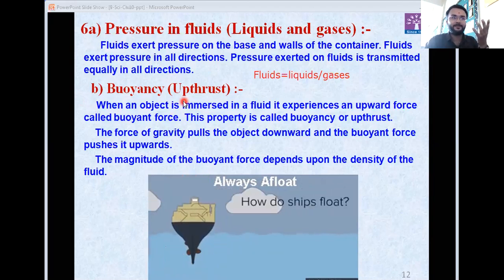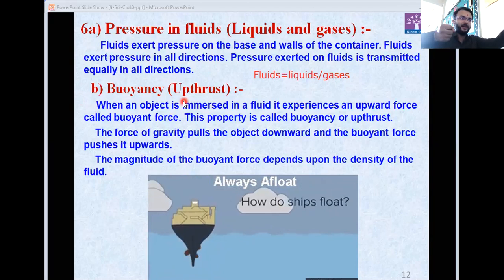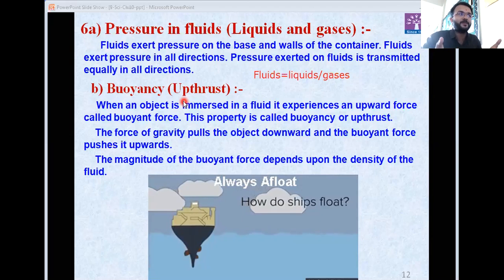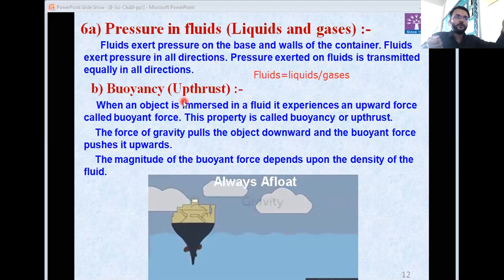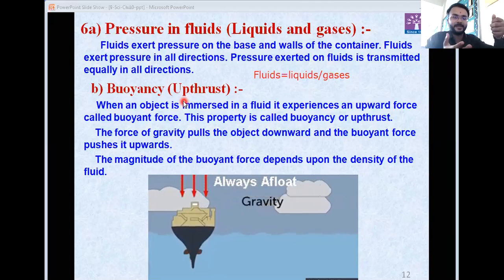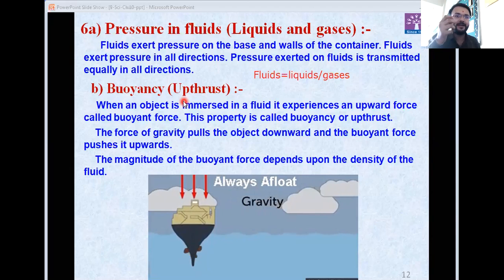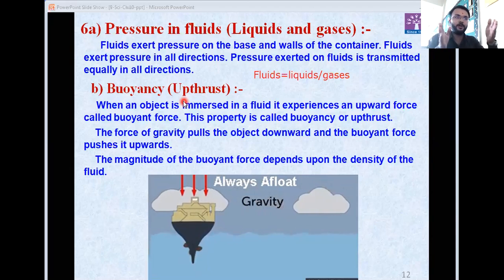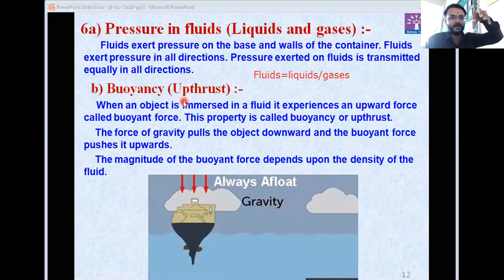Say for example, if one student is carrying a very heavy object and suddenly someone supports it from the bottom, the first student will feel very relaxed. Why? Because someone is supporting from downside. The same thing happens when we lift something in a swimming pool. Why? Because in a swimming pool, water exerts force on that immersed object, right?